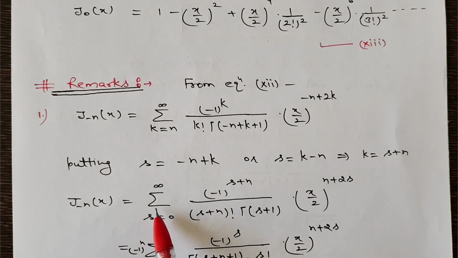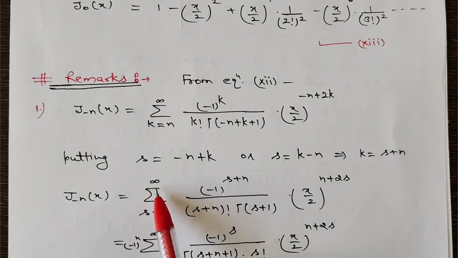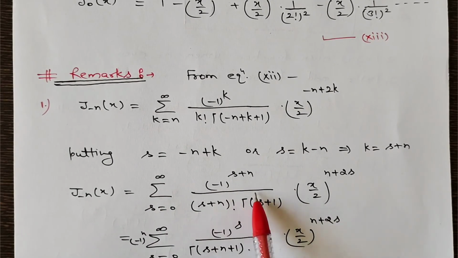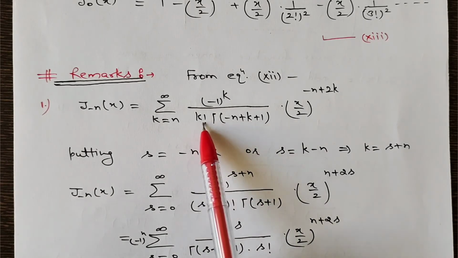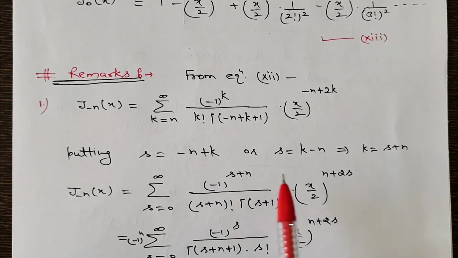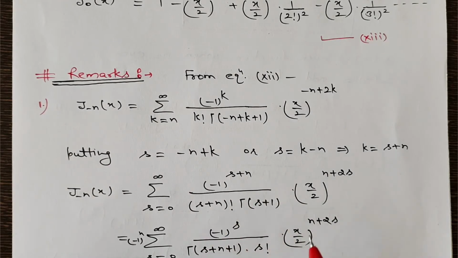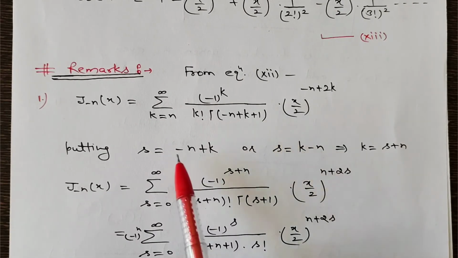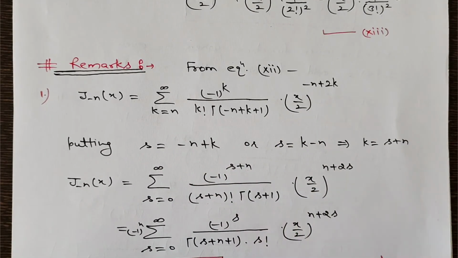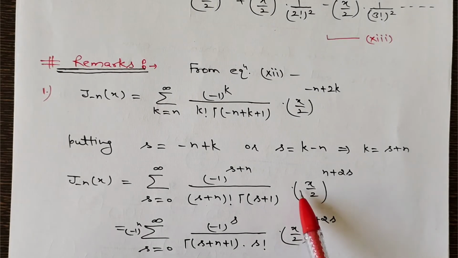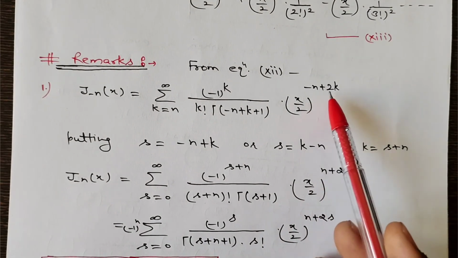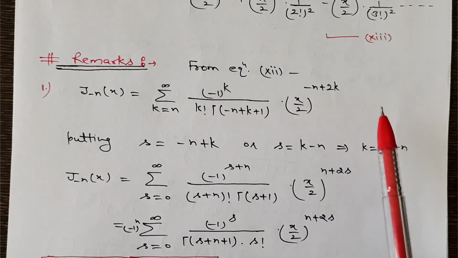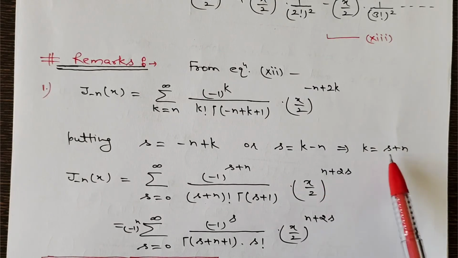So J_{-n}(x) can be written as summation over s going from 0 to infinity (-1)^(s+n) divided by k!, and this k! is actually (s+n)!, and this is Γ(-n+k+1). So -n+k is s, so it is Γ(s+1) into (x/2) raised to power -n+2k, and k is s+n, so 2k will be 2s+2n, so 2n minus n, it will be n+2s.